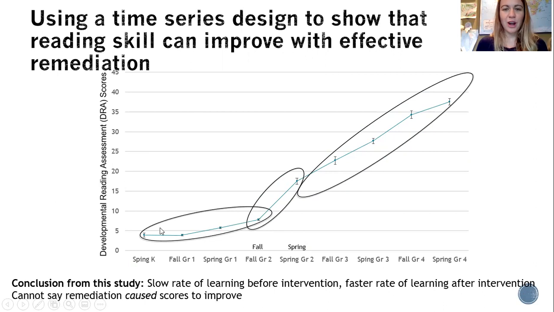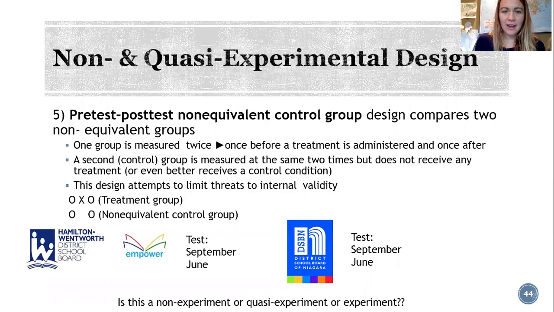The conclusion we can draw from this study is that there was a slow rate of learning before intervention, a faster rate of learning after intervention. Again, we can't say that remediation caused the scores to improve, but we've got evidence that it definitely was a contributing factor.